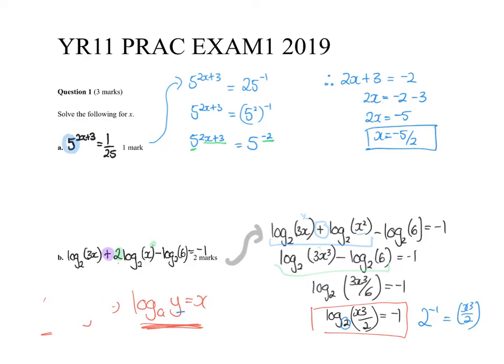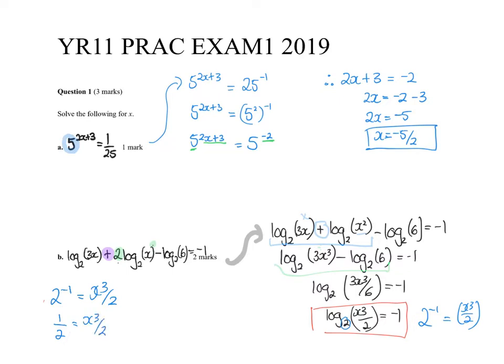Okay, so sorry, I've got a bit of room here. I'm just rubbing this out. So you understood where I got that from. At the moment, I have 2 to the power of -1 equals x cubed over 2. I'm going to keep changing. I'm going to make that the same as saying a half equals x cubed over 2.